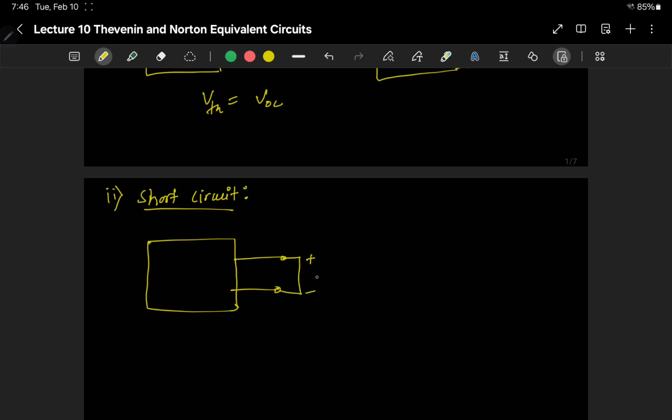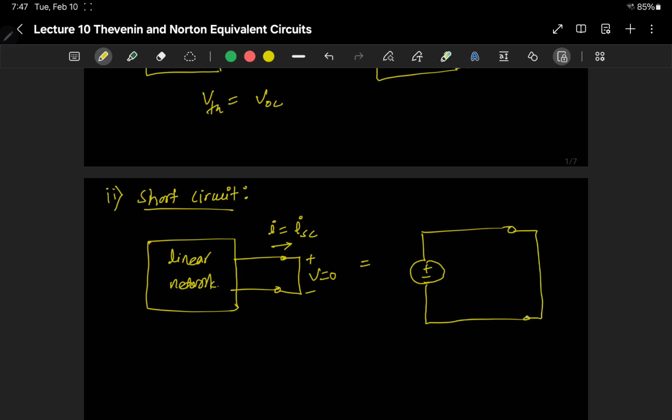Across this short circuit, the voltage is 0, and the current is the short circuit current, and this was our linear network, and this will be equivalent to the following.